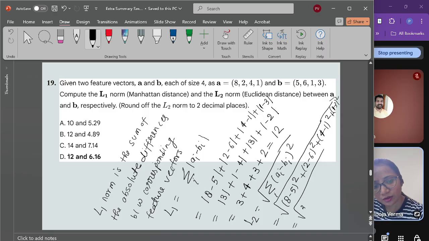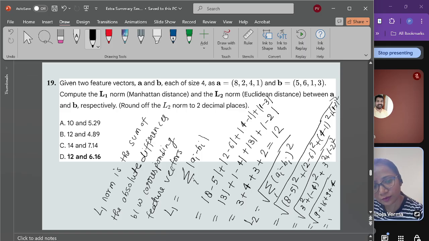So again here you will get 3 square plus minus 4 square plus 3 square plus minus 2 square, right? So root of 9 plus 16 plus 9 plus 4.